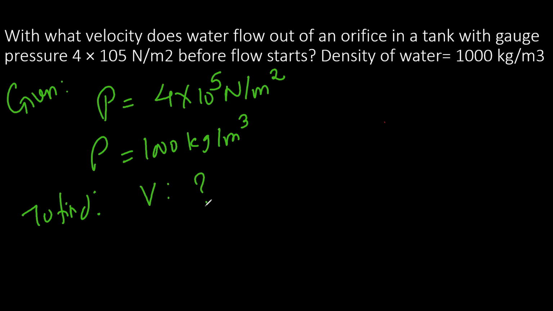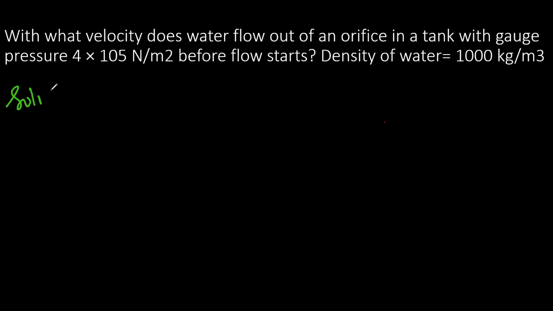So what is the formula of velocity? Velocity is equal to root of 2gh. g is 9.8 meter per second square. h is not given, so we need to find h. There is a formula for h.